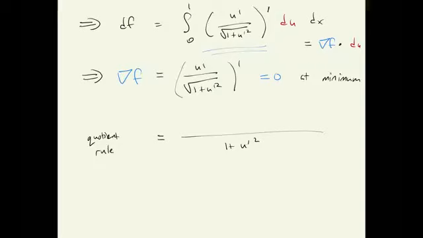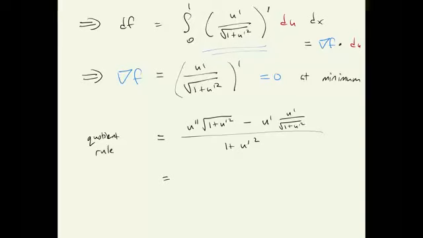On the top you get the derivative of the top, which is u double primed, times the bottom, square root of 1 plus u primed squared. And then minus the top times the derivative of the bottom. And we just did that. The derivative of that square root is, in fact, u primed over square root of 1 plus u primed squared, I think. Hopefully I'm not making any mistakes here.